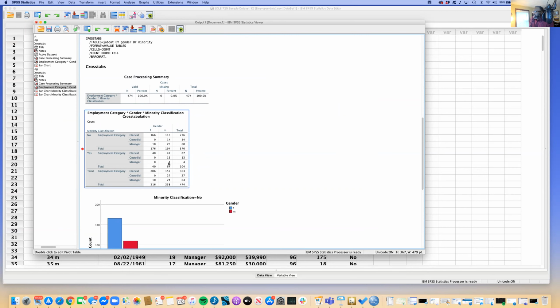Minority clerical men is what? 47. Okay, and obviously we never had any female custodial staff, so that remains 0 as well. But for minority custodial men, it looks like there's 13, and that's not significantly different than non-minority custodial men, right? How many non-minority custodial men do we have? 14. But when we get to manager, that looks a little different, right?